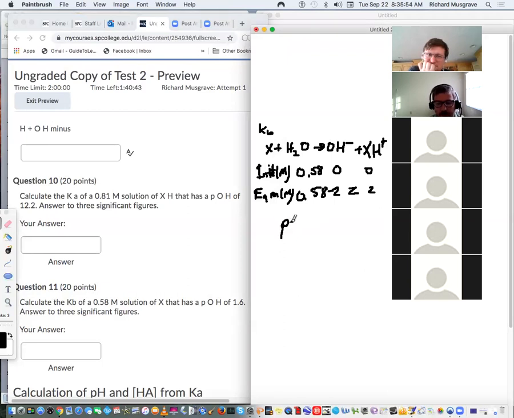So if we've got POH as being 1.6, then the concentration of OH minus we can get directly, and it's going to be 10 to the negative POH. So no subtraction in this case. And that means it's 10 to the negative 1.6.